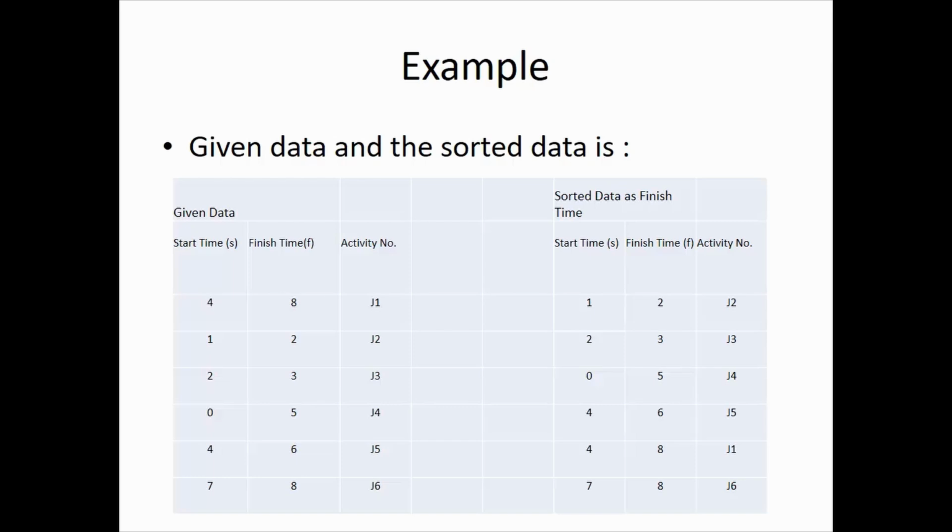Like the J1 job has start time 4 and finish time 8. On the right hand side, all these jobs are sorted as per the increasing order of finish time. That's why J2 has the smallest finish time among these, so J2 comes at position number 1, followed by J3 and so on.